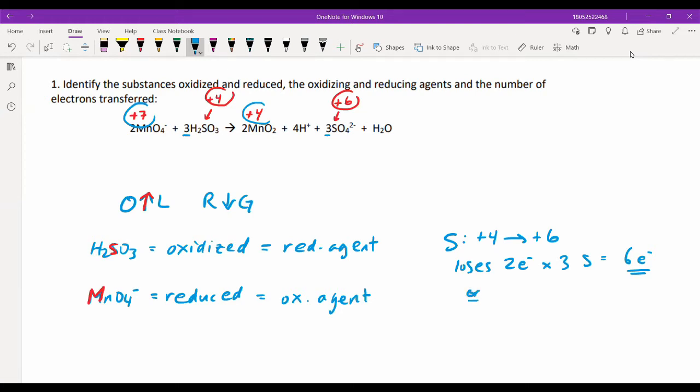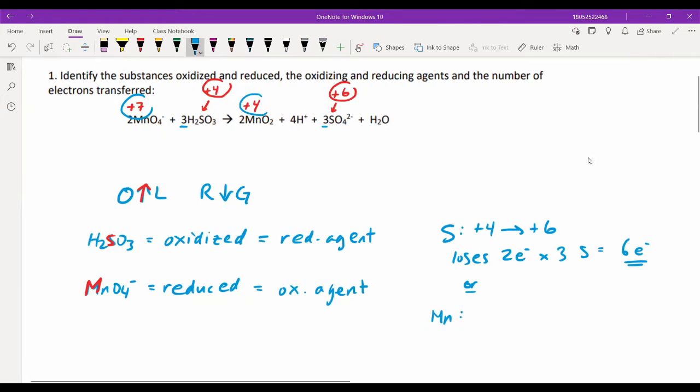Because we can do that, or we can look at the manganese. We only really need to look at one side. If you remember from balancing these reactions, you have to have the same number lost and gained in an overall balanced reaction. So if I look at the manganese atom, it gains 3 electrons, but there's 2 manganese atoms in this reaction.